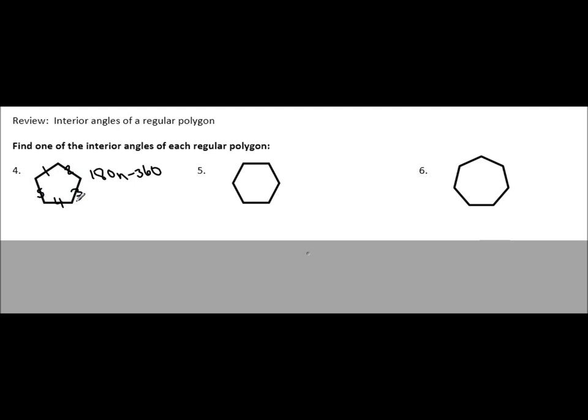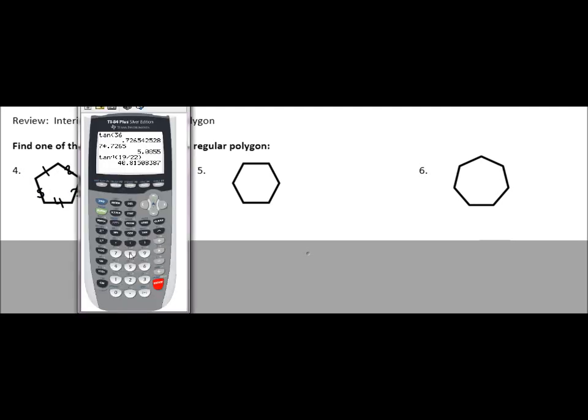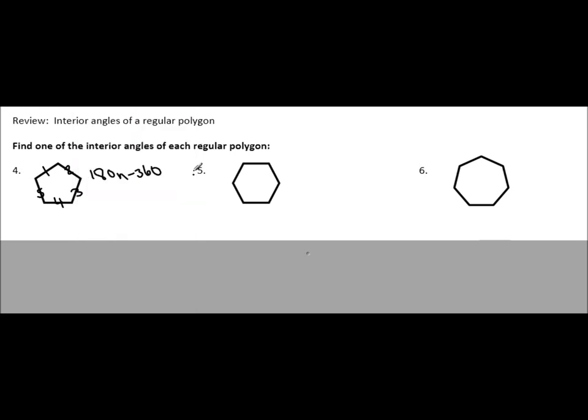So I would take 180 times 5, which is 900, and subtract 360, which is 540. 540 represents all of the angle measures of the regular pentagon.